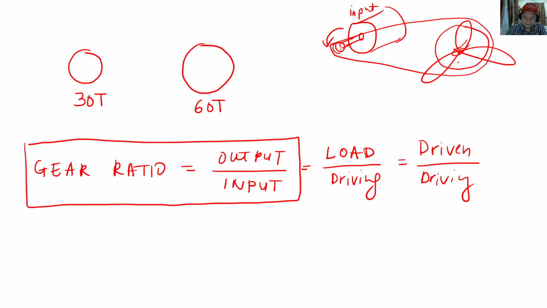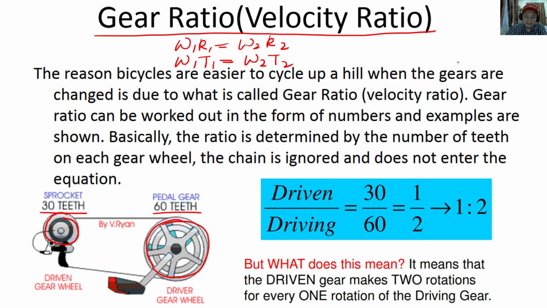However, you have to look at case by case. Look at this bicycle, driven and driving. So the ratio would be the driven is 30 teeth. The driving is 60 teeth.